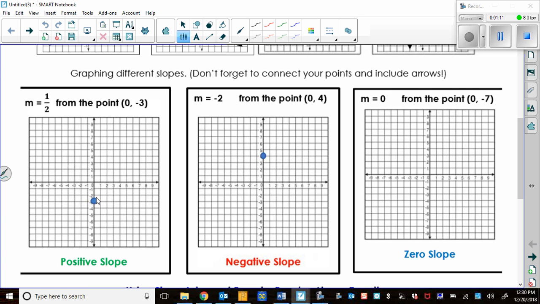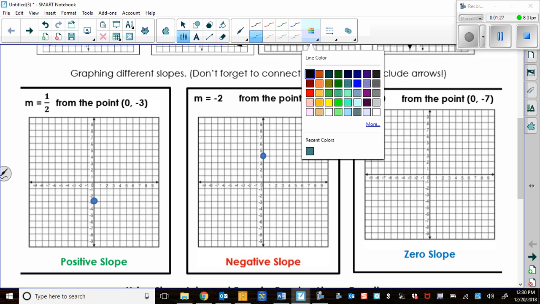So for the first one, I've been given the point (0, -3), and I want to graph 1/2. So what does 1/2 mean? Let me erase that, make it clear here.